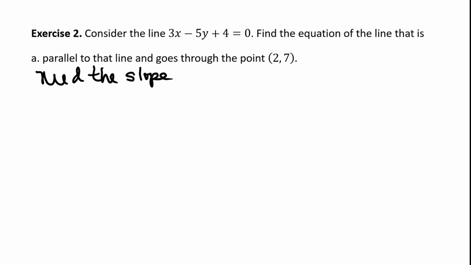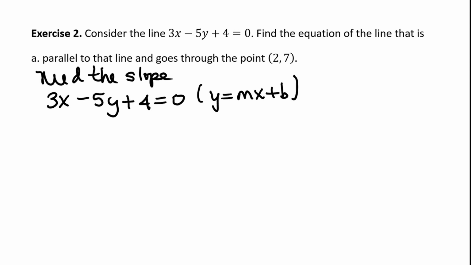So from the given equation of the line, 3x minus 5y plus 4 equals 0, we will rewrite this into the slope-intercept form, which is y equals mx plus b. Then the m that's multiplied to the x will give us the slope.